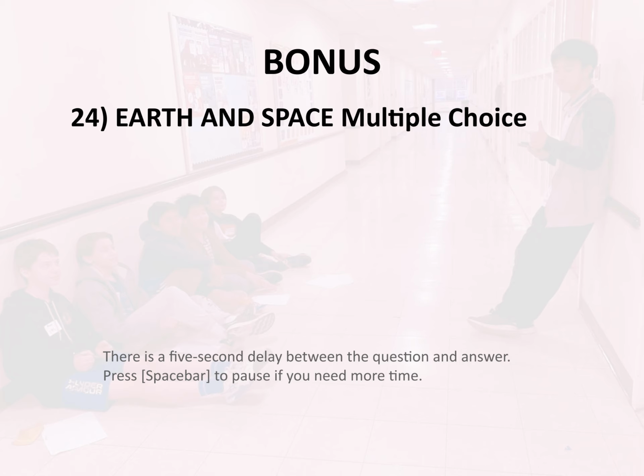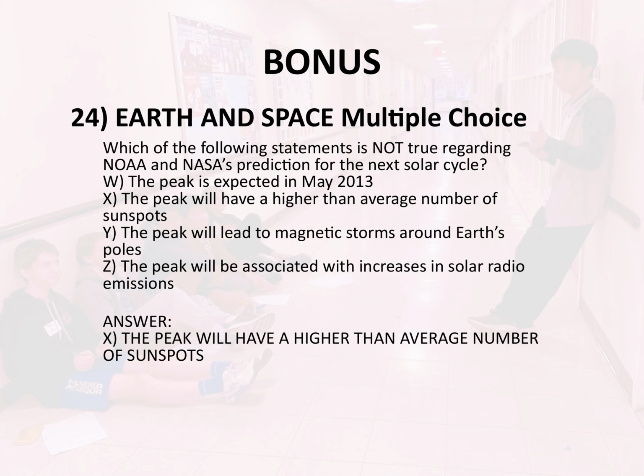Y. The peak will lead to magnetic storms around Earth's poles. Z. The peak will be associated with increases in solar radio emissions. Answer: X. The peak will have a higher than average number of sunspots.